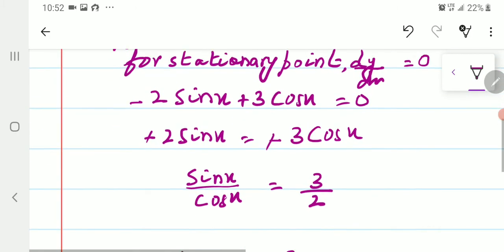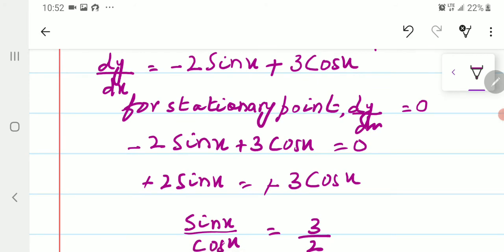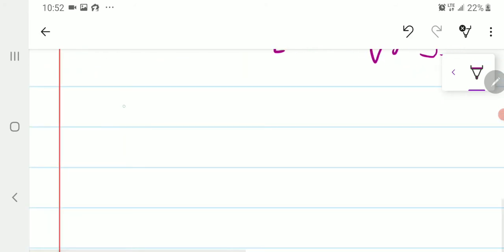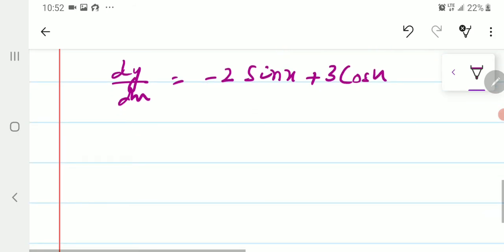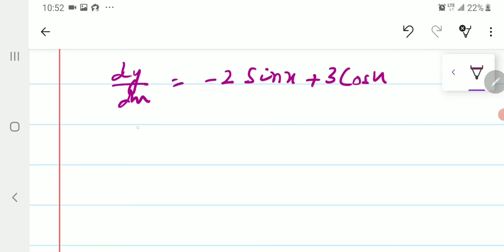The differentiated value is dy upon dx equals minus 2 sin x plus 3 cos x. I have to differentiate it again. When I differentiate it again, I will write d square y over dx square. This is the symbolic representation of the second derivative, or you can say the higher derivative.